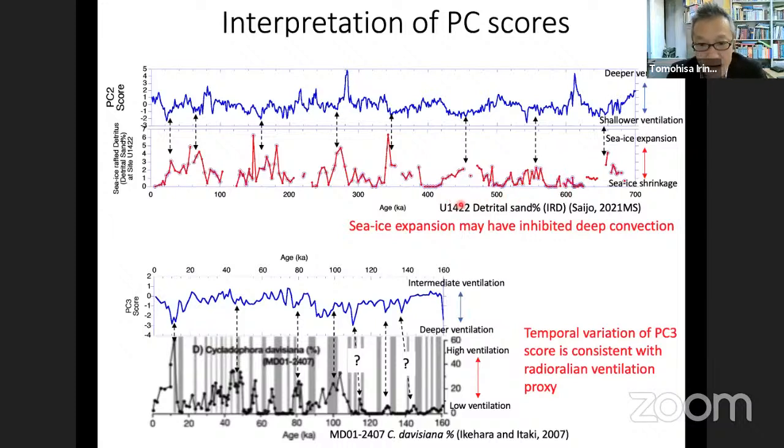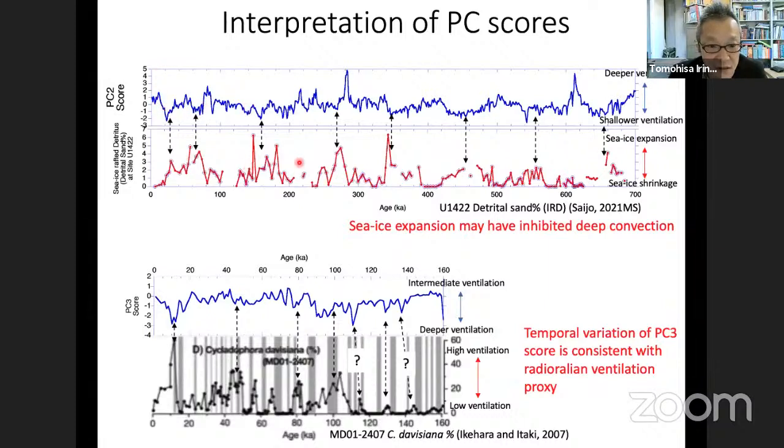When I compared it with the PC1, PC2, PC3 profiles, the PC2 score is very similar to this, oppositely, negatively correlated. I mean, when the IRD content is high in the northern side, the PC2 score tends to be negative.